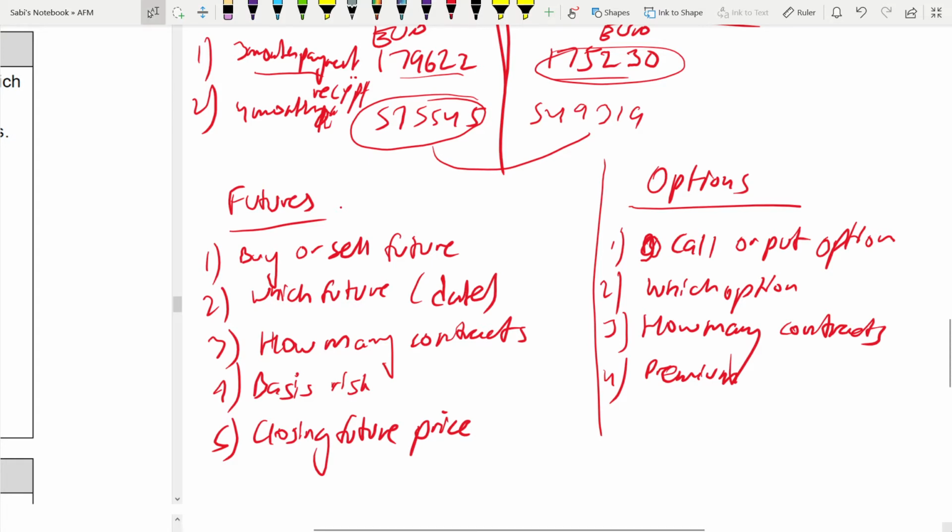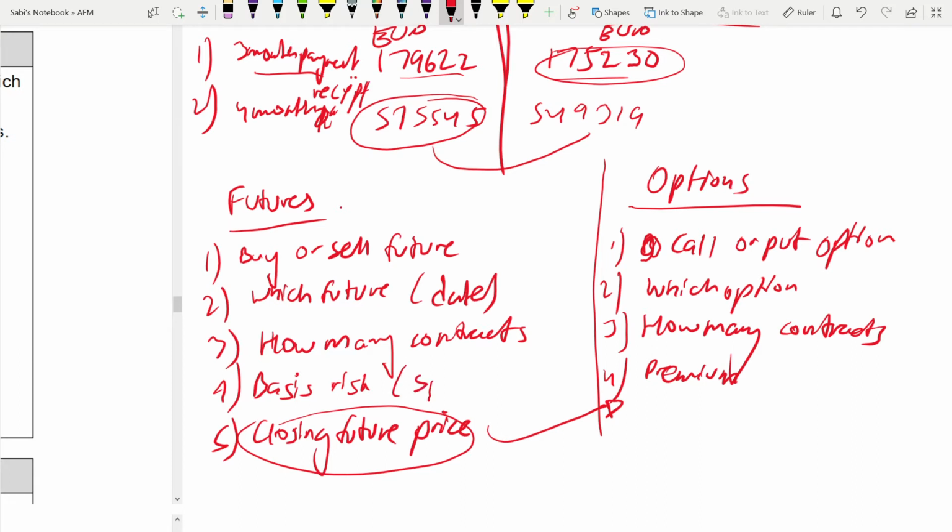Because remember, this closing future price you need in option as well. That's why you have to understand future well before you understand options. The formula for the basis risk is spot minus opening future price. Spot will be given, opening future will be given to you. That is the basis risk.